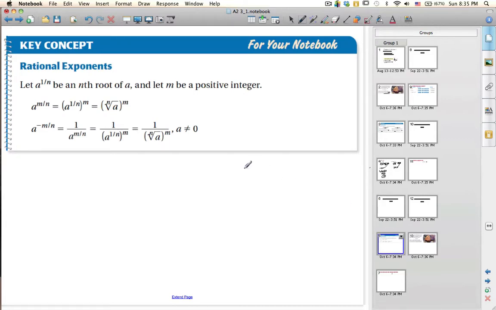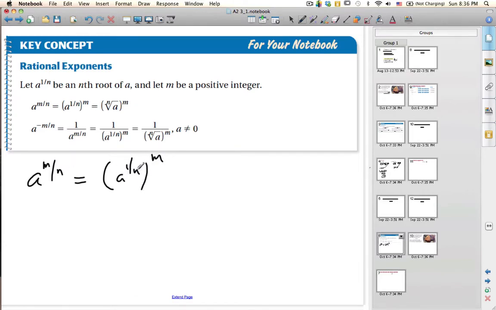So here's a new piece of information, and this is going to allow us to take things we've already learned with the properties of exponents and apply them when we've got roots and or a mix of powers and roots. What we're basically saying is, let a to the 1 over n be the nth root of a, and m be a positive integer, then a to the m divided by n power is equal to a to the 1 over n power to the m power.